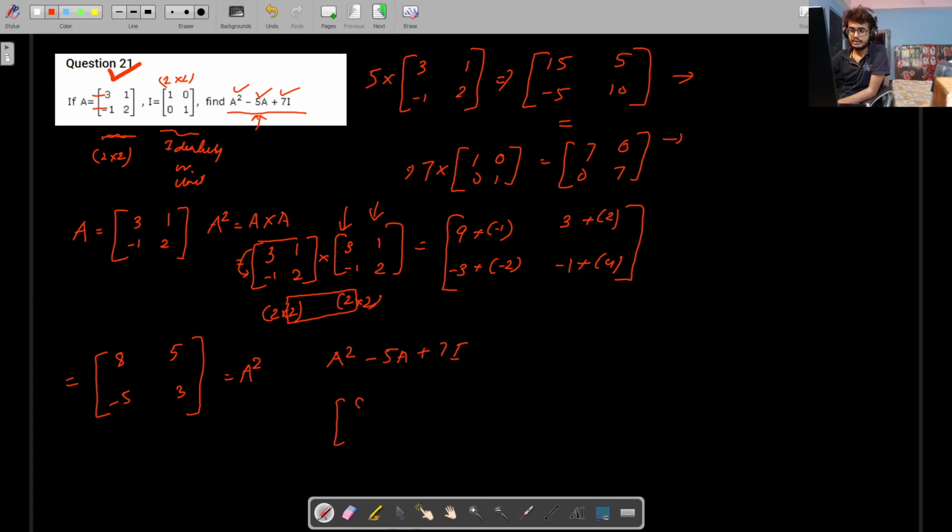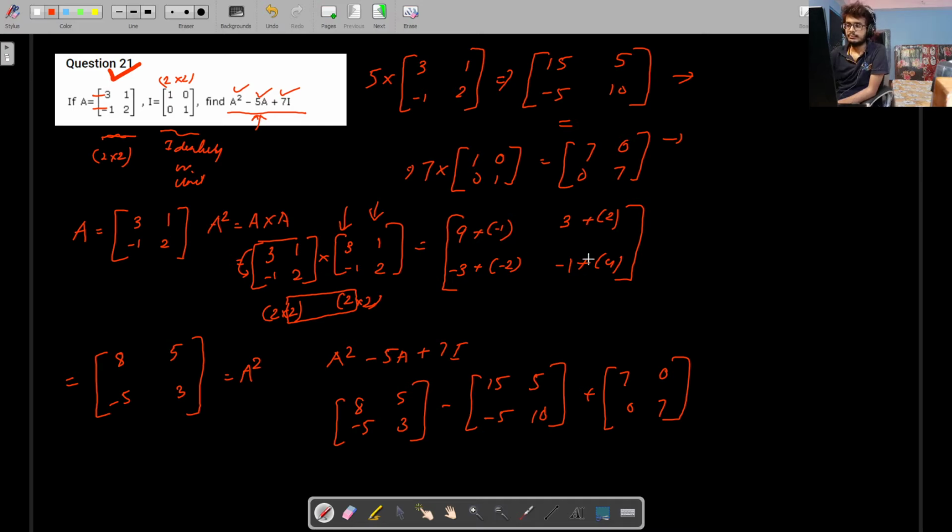A square is 8, minus 5, 5, 3, minus 5A is 15, minus 5, 5, 10, plus 7I is 7 0 0 7. Addition and subtraction can be carried out by checking whether they are of the same order. They are all 2 by 2, so addition and subtraction is possible. 8 minus 15 is minus 7. 5 minus 5 is 0.